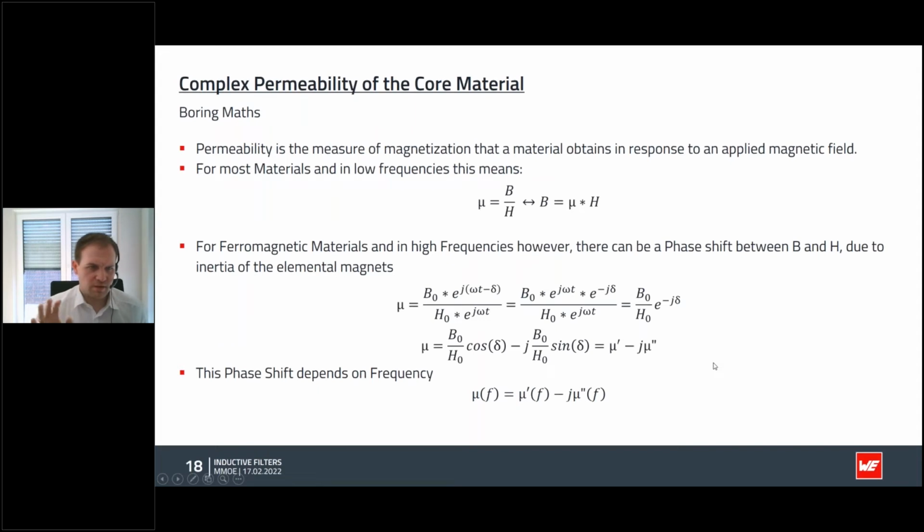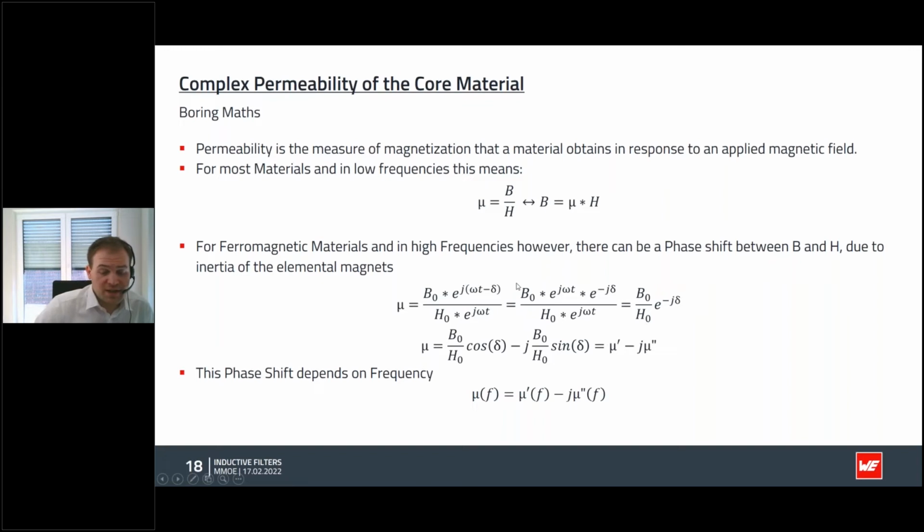I want to spare you the boring maths here, but just to give you the physical understanding of what is happening here. Permeability is pretty much the ability of a core material to draw in the field lines of the magnetic field. It's also a measurement for how much energy you need to magnetize the material or to demagnetize the material.